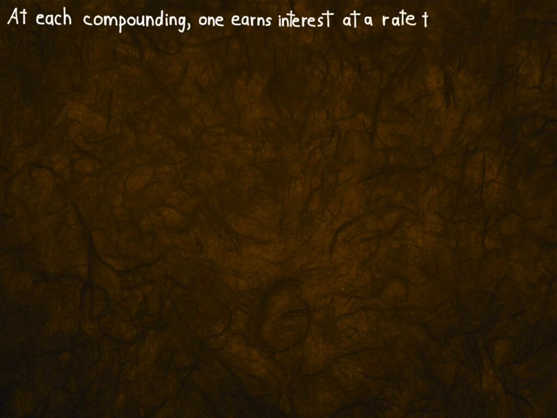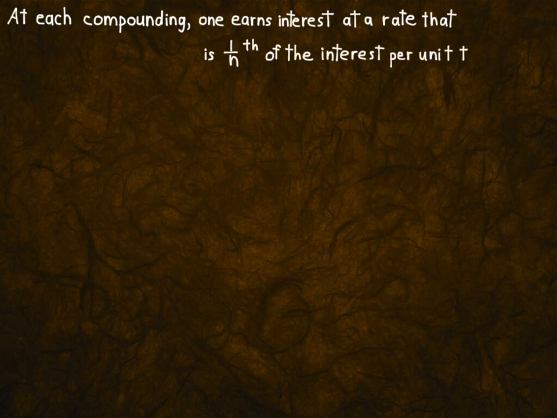Okay, so let's try to understand this formula that we have for compound interest. At each compounding, one earns interest at a rate that is 1/nth of the interest rate per unit time.